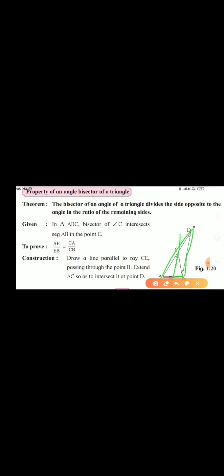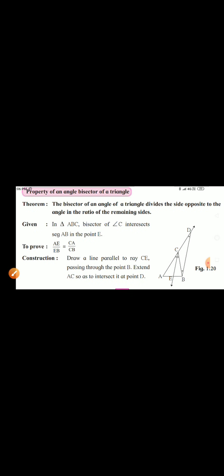Then according to the basic proportionality theorem, we have the formula AE upon EB is equal to AC upon CD.